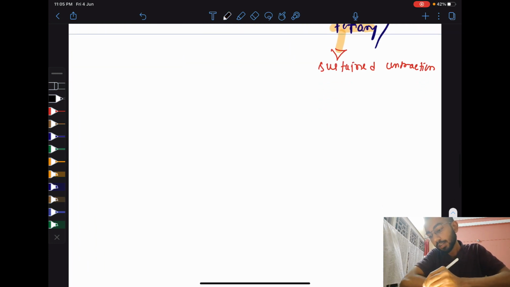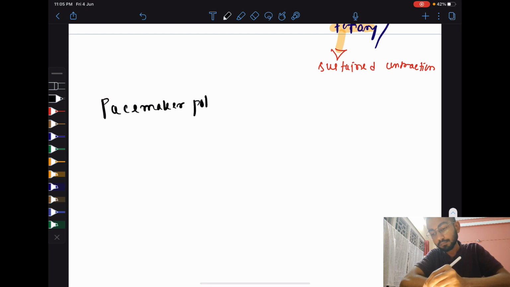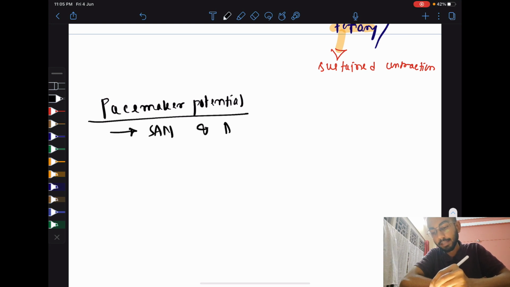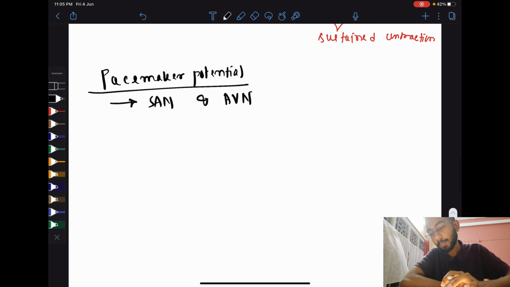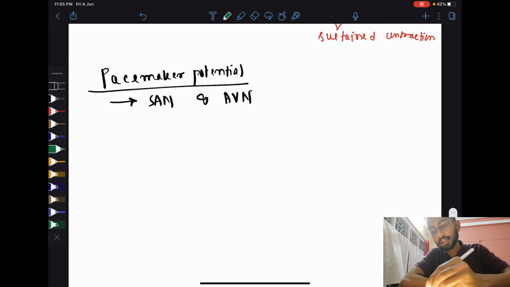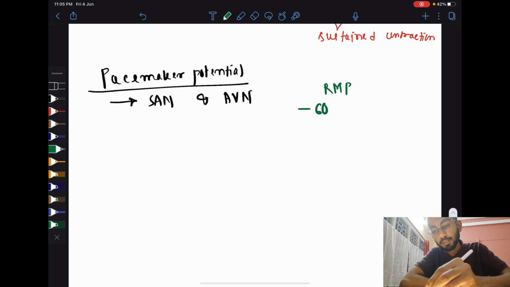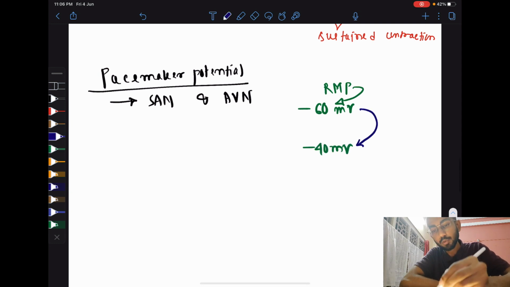Now let us move on to the pacemaker potential. What did I say? The pacemaker potential is seen in the most important SA node and the AV node, right? Now, a special characteristic feature of this pacemaker potential is that whenever its resting membrane potential, that is minus 60 millivolt, goes to minus 40 millivolt, this does not require a threshold.